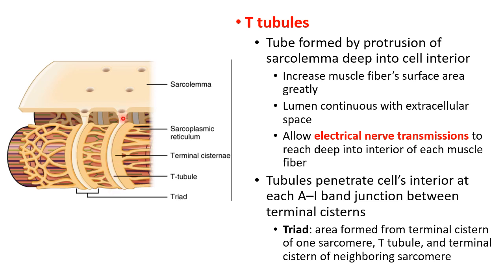That means whatever impulse comes through this T-tubule is going to be felt by the sarcoplasmic reticulum that is right close to it. So when you see a hole in the membrane going to the T-tubule and surrounded by SR on both sides, you call that a triad. It's the area formed by one sarcoplasmic reticulum from one side, another from the other side, and the T-tubule in the middle. That's called the triad.